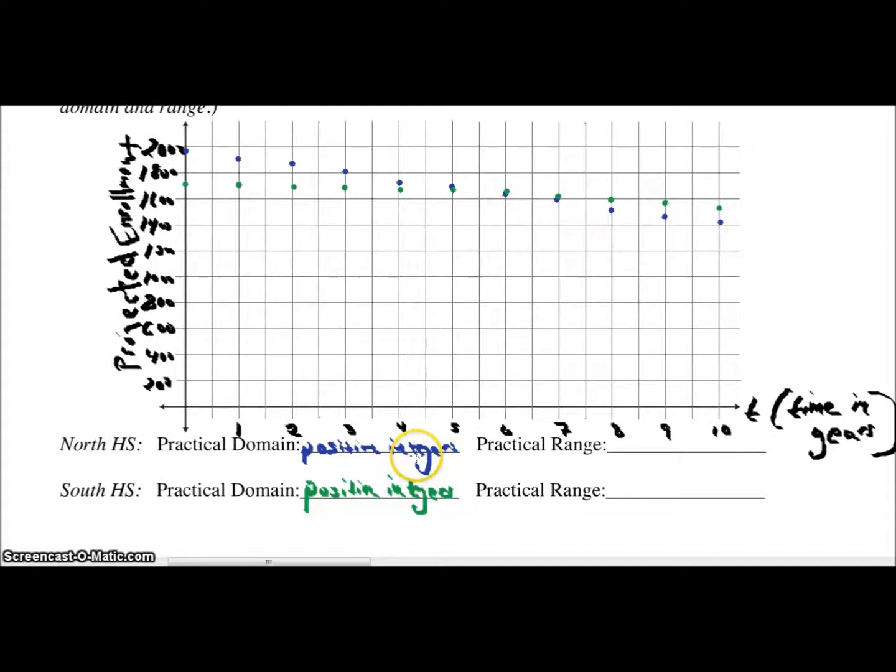Okay, to be consistent, North High School is blue, South High School is green. And the practical range, the set of all possible outputs, notice that for North High School, the highest we could go was 1980. And then we're decreasing, so it's possible that this function could go all the way down to 0, I suppose.